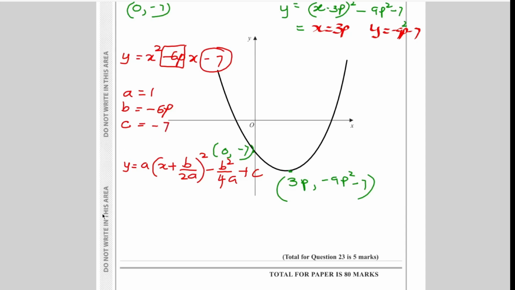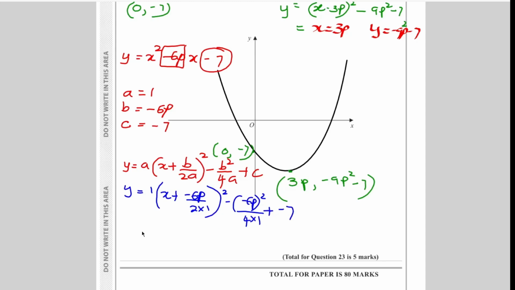Let's plug the values in. y equals a, which is 1, times x plus b, minus 6p, over 2 times a, 1, squared, minus b squared, which is minus 6p, the whole thing squared, over 4 into 1, plus c, which is minus 7.